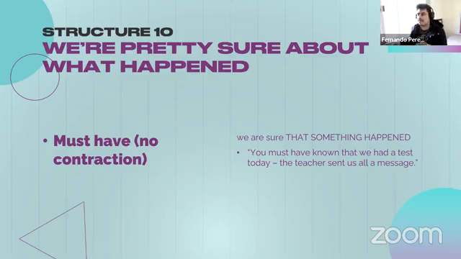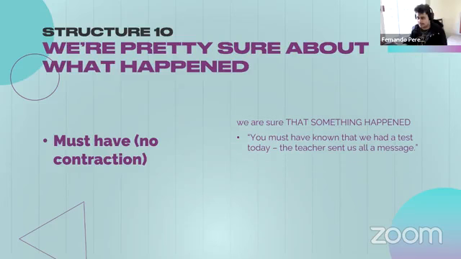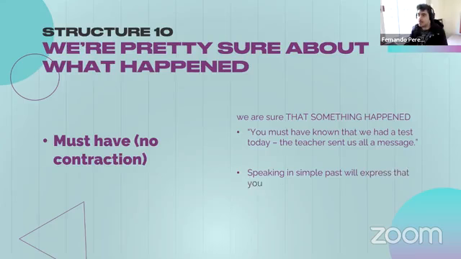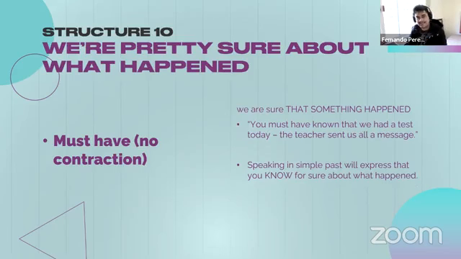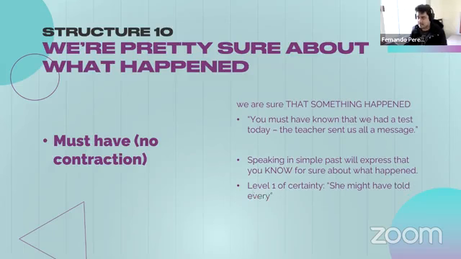Okay? So it's a little bit more than may and might, but less than "yes, it happened," you know? So you have to be careful between speaking in simple past and using must have. Because speaking in simple past will express that you know for sure about what happened. Check this difference, for example. Level 1 of certainty. She might have told everybody. We are not sure.